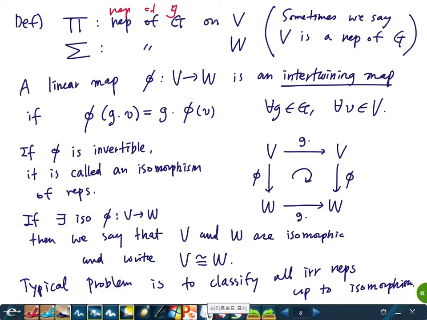Okay. So we have representations of a Lie group or Lie algebra. So what are the connections between them? We have this proposition.